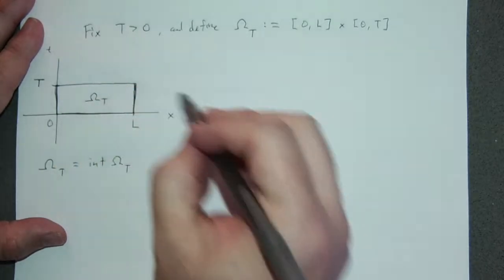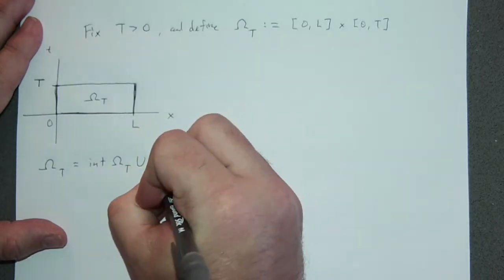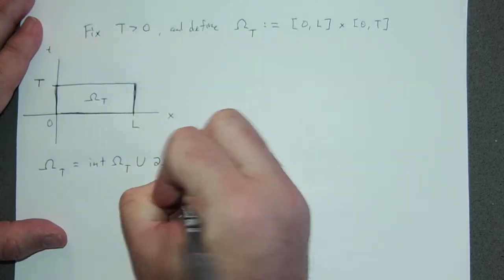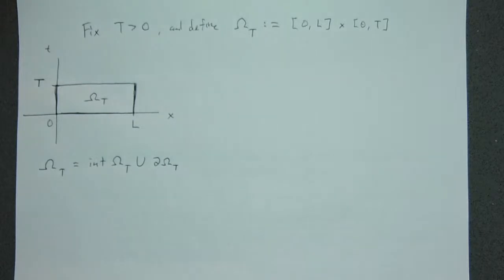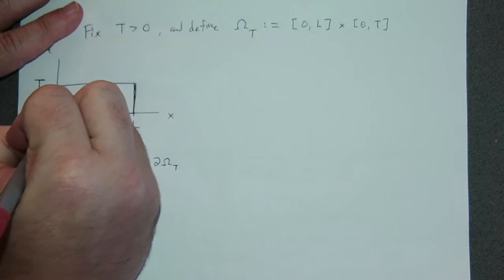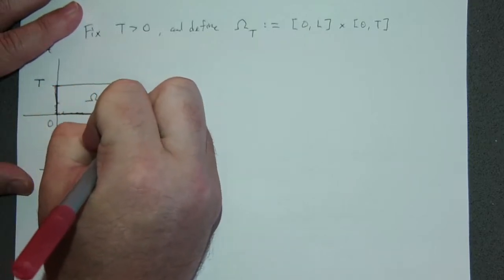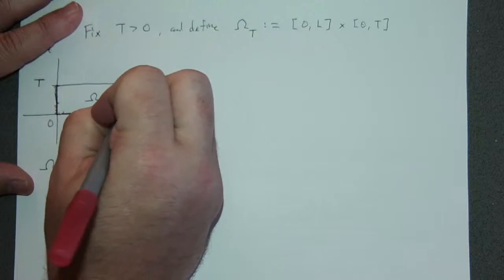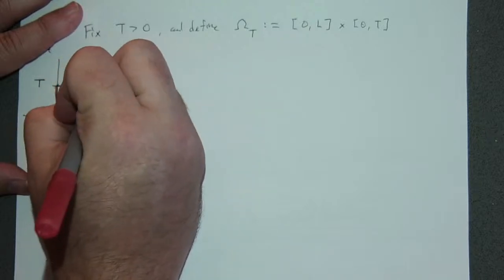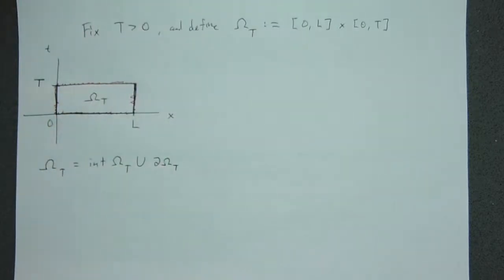So it's everything inside this rectangle, together with, union with, the boundary of omega T, which maybe I can indicate with this red pen. It's just the boundary rectangle. It's not what's inside, it's just the boundary rectangle.